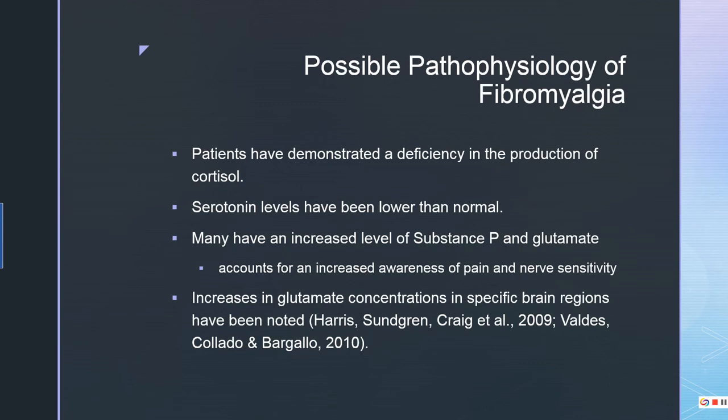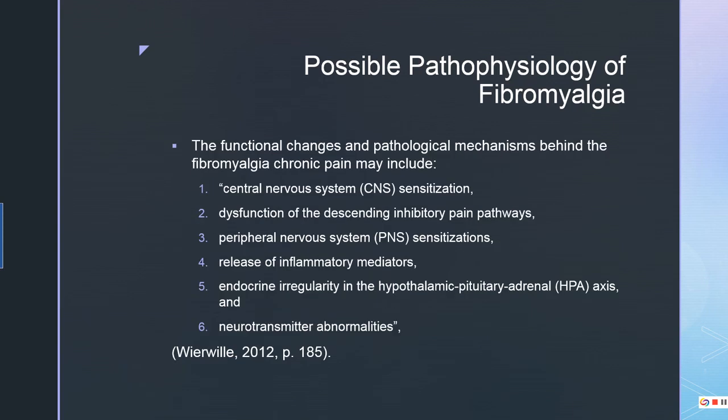Many fibromyalgia sufferers have an increased level of substance P and glutamate in the body, which usually accounts for an increased awareness of pain and nerve sensitivity, since they are key excitatory neurotransmitters and mediators of pain transmission through the ascending pathways. Increases in glutamate concentrations in specific brain regions, such as the insula and amygdala of fibromyalgia patients, have also been noted.